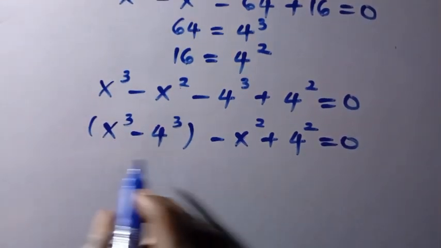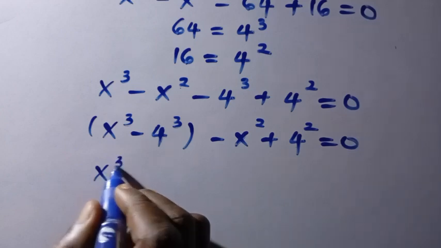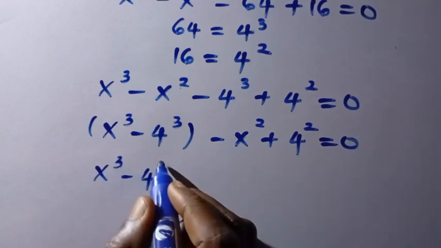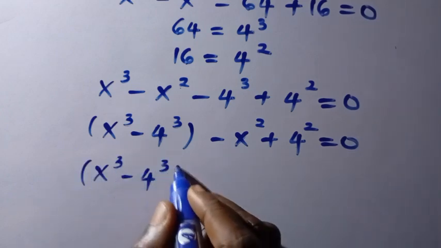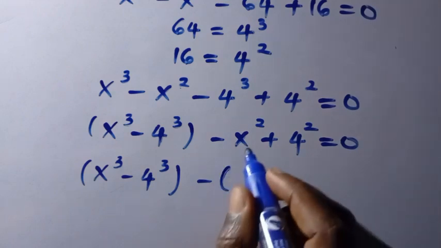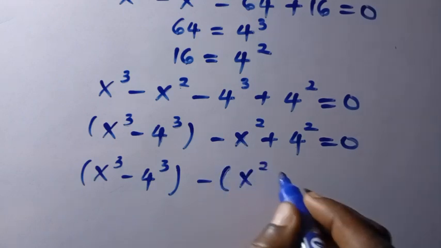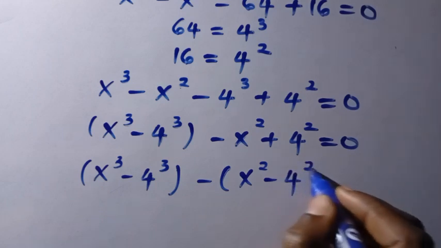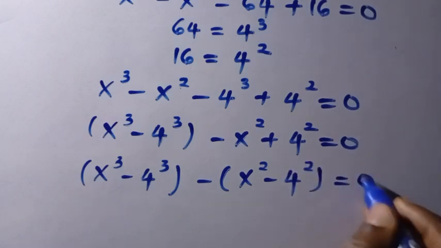Then from here we have x power of 3 minus 4 power of 3 in bracket, minus, and by taking out minus from here it becomes x squared minus 4 squared. This equals 0.